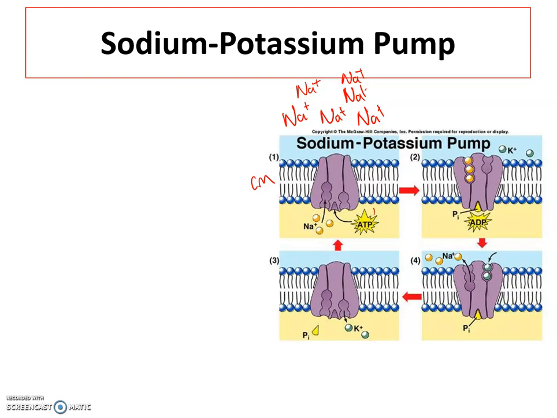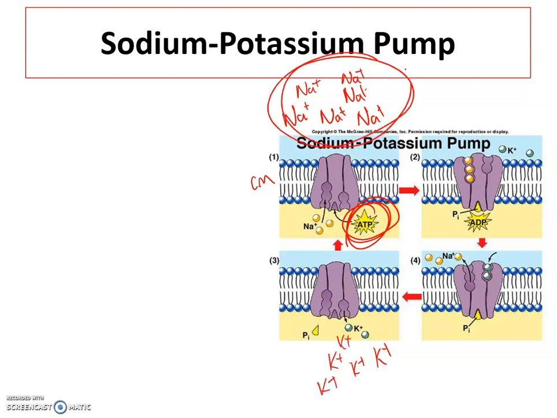And because it's unnatural, it costs energy, usually in the form of what we call ATP. But not only is it causing sodium to be imbalanced on this side, it's also adding even more potassium on this side. So it not only makes it so that sodium is imbalanced on one side, but also potassium on the other.